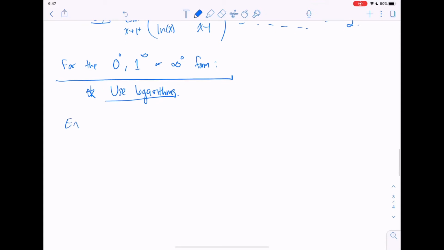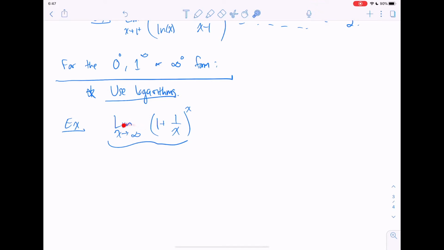The most common example of utilizing this is the following. Suppose we want to take the limit as x goes to infinity of 1 plus 1 over x to the x. You may recognize this. If you don't, you'll find the answer surprising. This, as it stands, is of the form what?